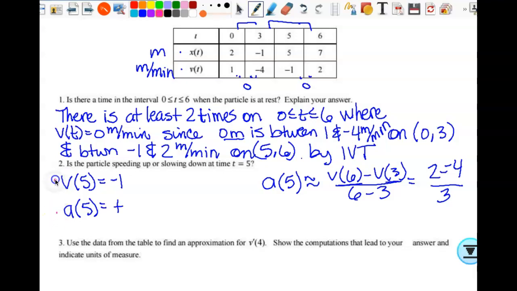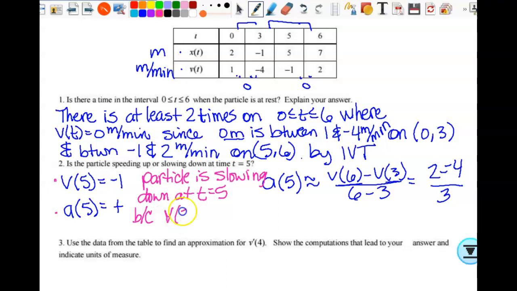Yeah, the signs are different, so it is slowing down. So the particle is slowing down at t equals 5 because v of 5 is greater than 0 and a of 5, oh shoot, it's less than 0.